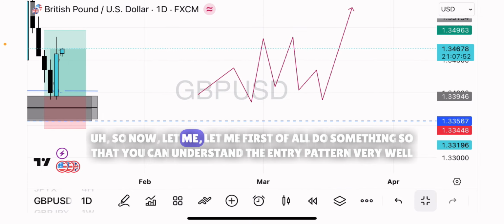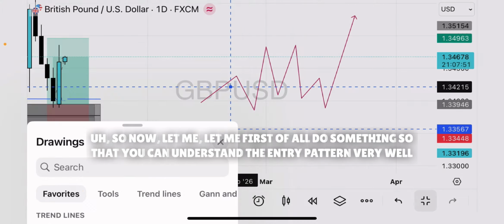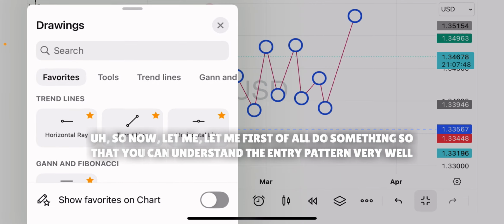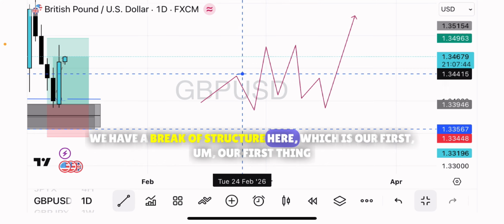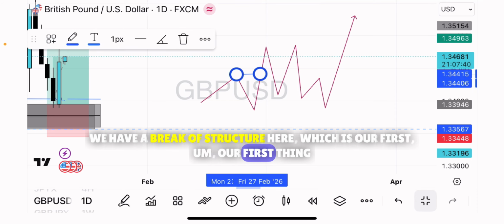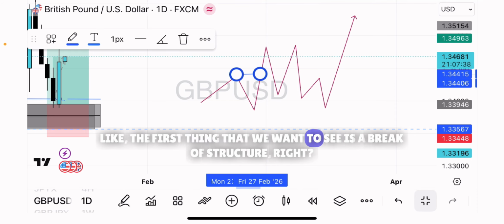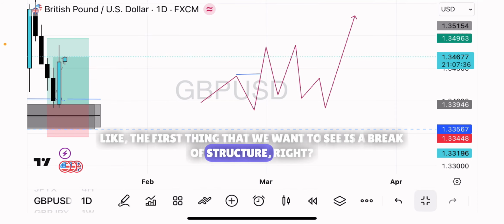So now let me first of all do something so that you can understand the entry pattern very well. We have a break of structure here, which is our first thing. The first thing that we want to see is a break of structure, right?